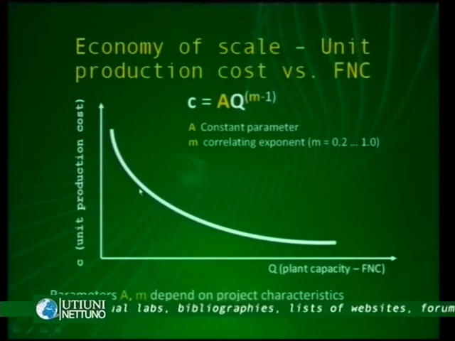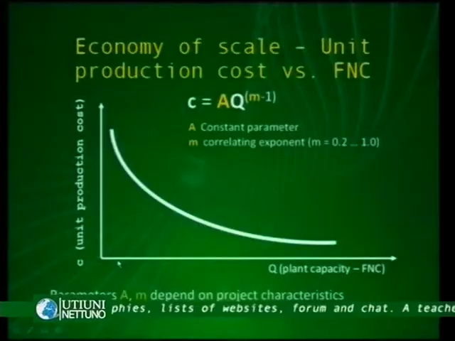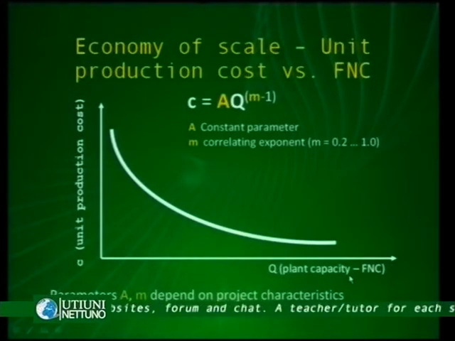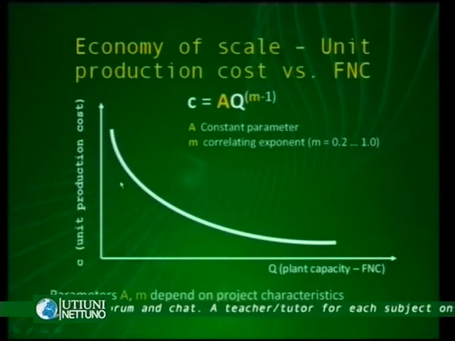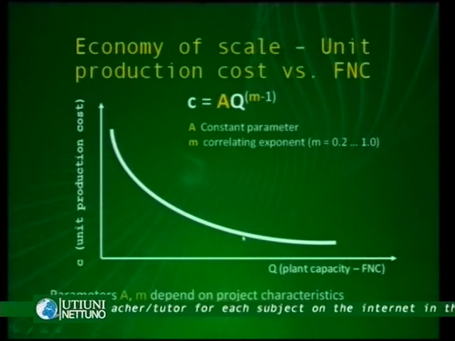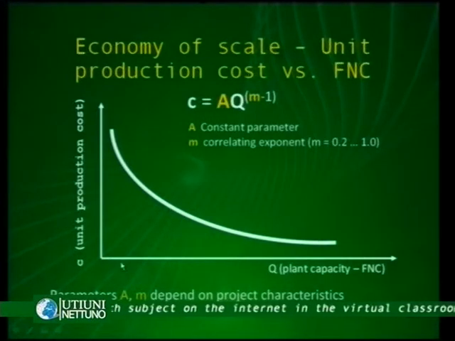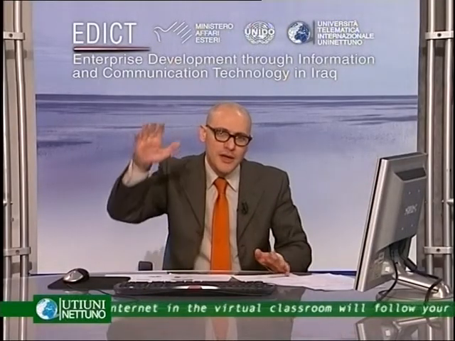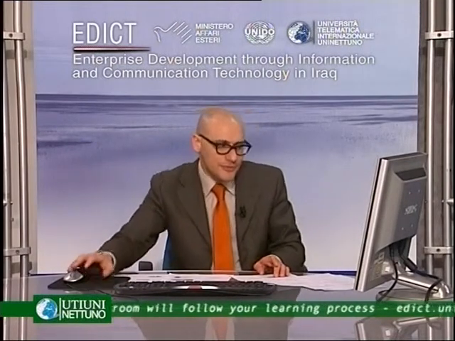The general idea, apart from the specific formulation, is that as the plant capacity increases, the level of the unit production cost decreases. This effect is the effect of the economies of scale. So as the scale expands, the average unit production cost decreases.